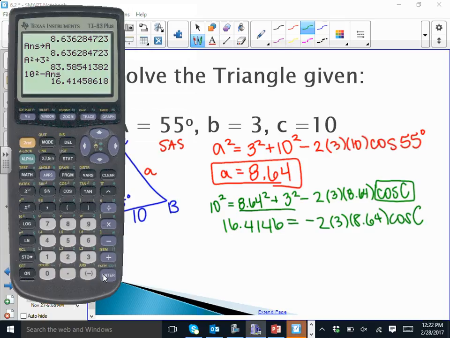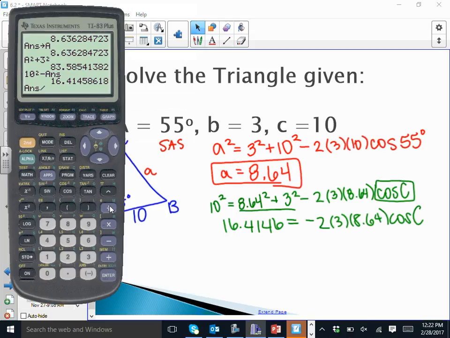Okay, now what are we going to have to do? Now we're going to have to divide over this number to get cosine by itself. Okay, so I already have that 16.4 whatever in my calculator.